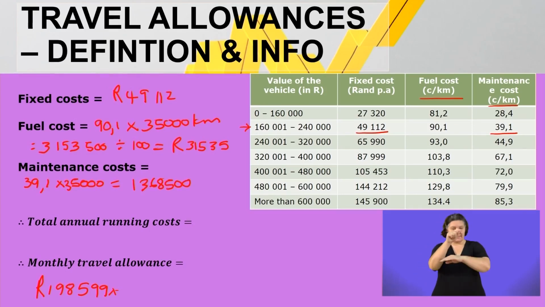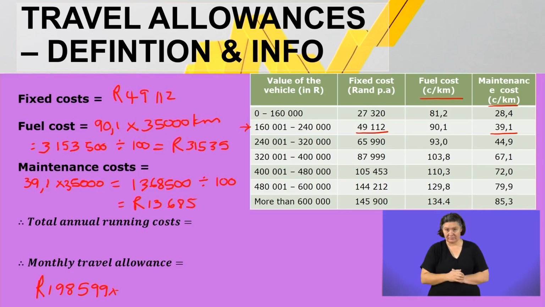Again, I divide that by 100 to convert from cents into Rand. So that will give us an amount of 13,685 Rand. So for the maintenance cost, it is 13,685 Rand.